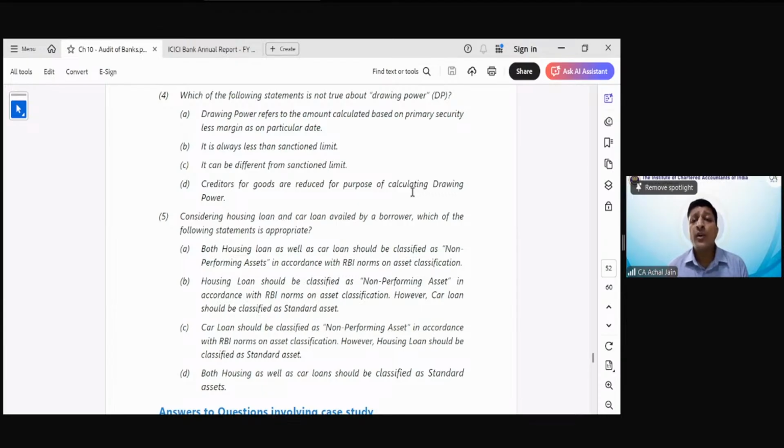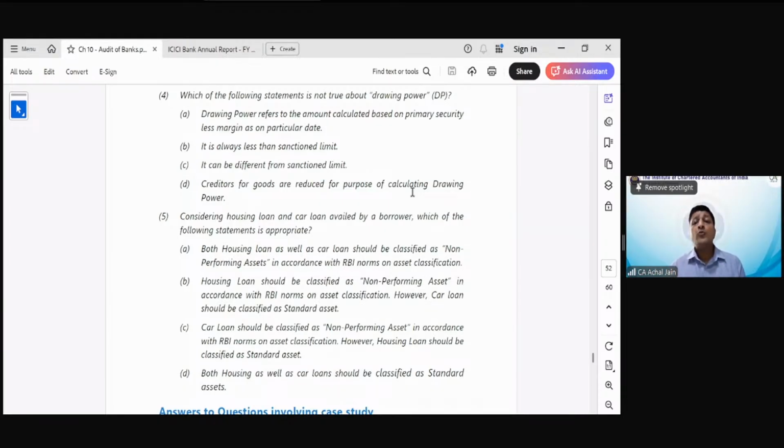Considering the housing loan and car loan were availed by a single borrower. Please remember, if there is a single borrower availing different types of credit facilities, there is a requirement on the asset classification, on the provisioning norms. First, both housing loan as well as car loan should be classified as NPA in accordance with RBI norms.